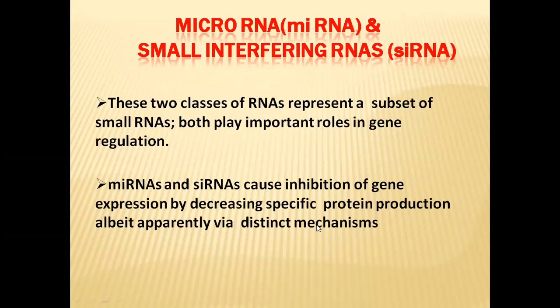Different types of mechanisms are there. By undergoing these distinct mechanisms, these miRNAs and siRNAs will inhibit expression of certain genes. In that way, they will decrease the production of some special proteins.